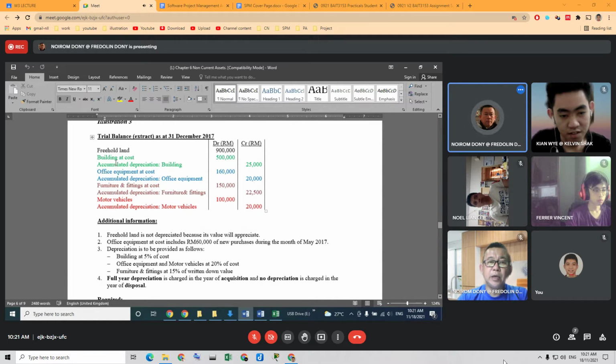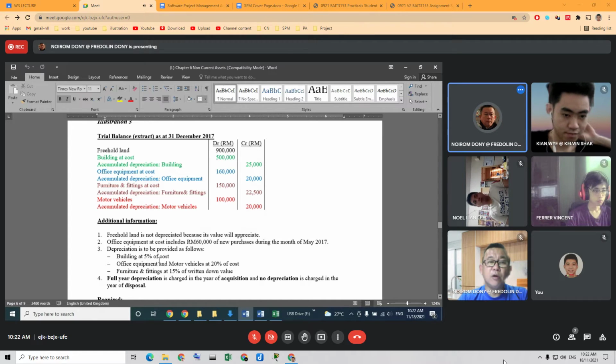So in this number 2, this is a new purchase, 60,000. Since the date is 31st of December 2017, the office equipment amount already has the 60,000 added into it. That is the meaning. And then depreciation is to be provided as follows.